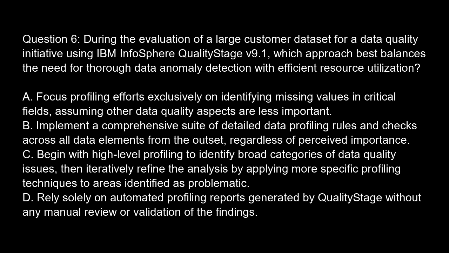Option B. Implement a comprehensive suite of detailed data profiling rules and checks across all data elements from the outset, regardless of perceived importance. Option C. Begin with high-level profiling to identify broad categories of data quality issues, then iteratively refine the analysis by applying more specific profiling techniques to areas identified as problematic. Option D. Rely solely on automated profiling reports generated by QualityStage, without any manual review or validation of the findings.